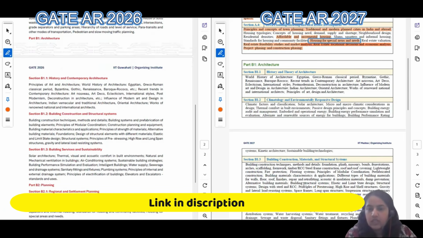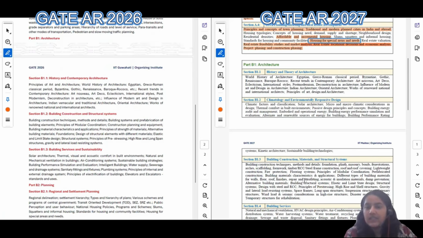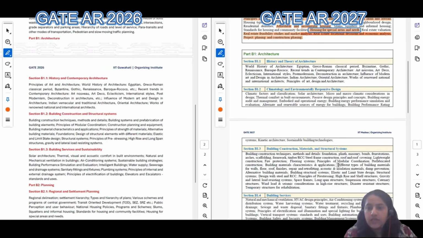So even if you look at it, all kinds of materials and the details have been mentioned over here. So in terms of, if you look at the syllabus here, different types of building materials for walls, floors, finishes, repairs, retrofitting, acoustics, insulation, dampness prevention. So these things have now been clearly detailed out or specified more in detail.